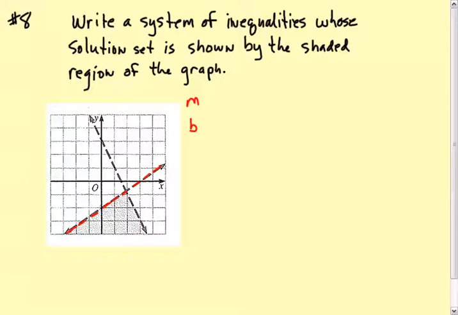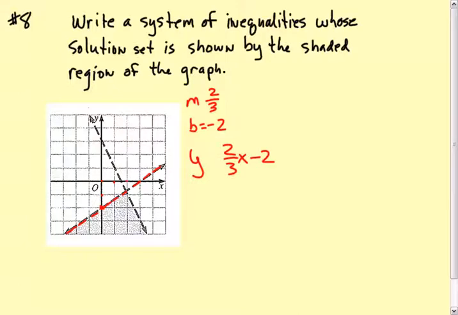All right, so the y-intercept is negative 2. The slope, it looks like it goes up 1, 2, and over 1, 2, 3. So the slope is positive 2/3. So the line should be y and 2/3 x minus 2.